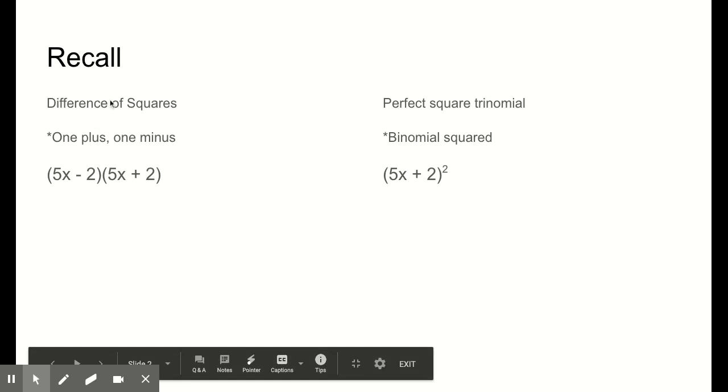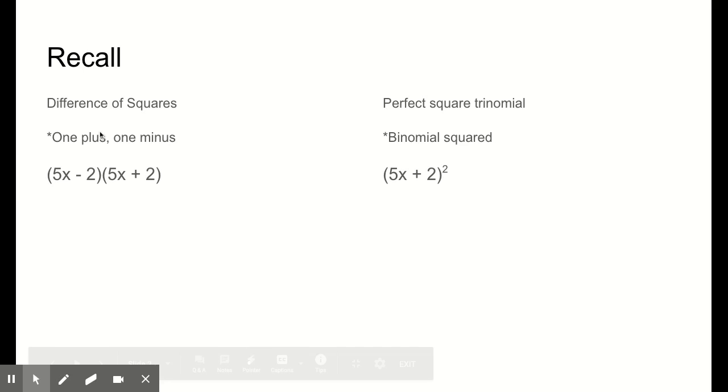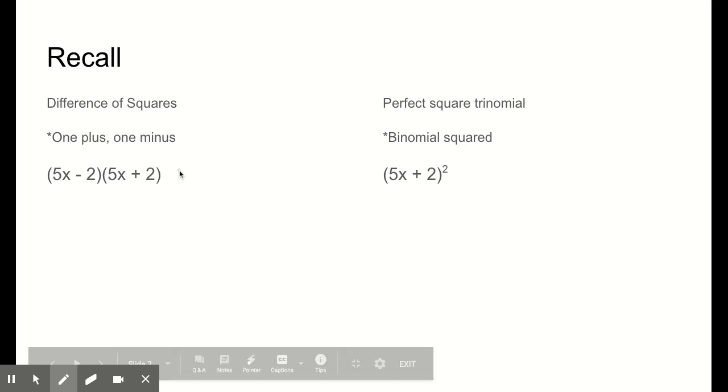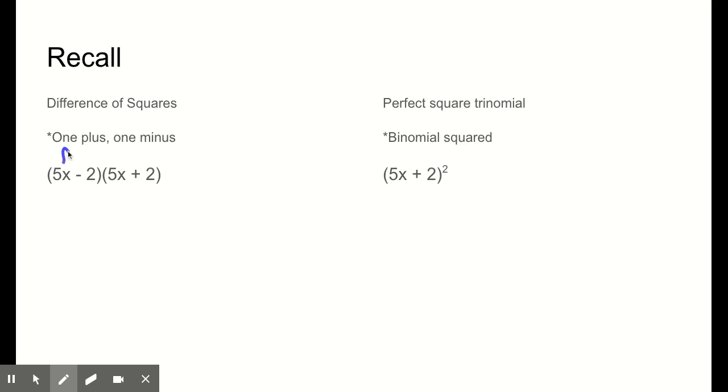So we saw something called the difference of squares back in Unit 1. The difference of squares was one plus, one minus. So we had 5x minus 2 times 5x plus 2. And when we multiply this out, we would get f squared minus g squared. Remember, f was the first term and g was the second term of each of the binomials.